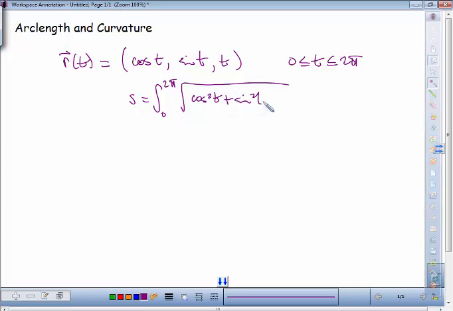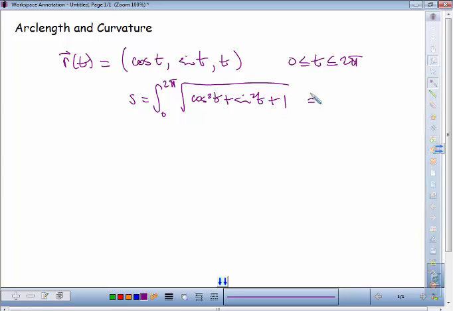So was it this? What was it? No, I think it was cosine, sine, 1. Yeah. And then the derivative, t was the first one, the derivative of t was the 1.